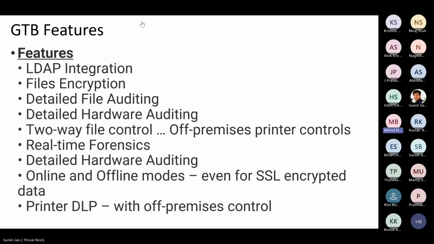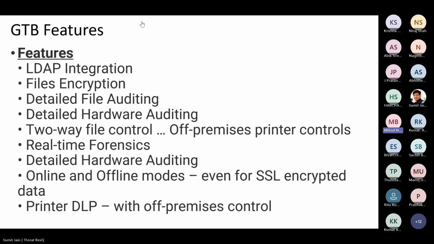Then of course you can also control the printing of sensitive data, like any data which you have defined as sensitive data. Sometimes what happens is, okay, a soft copy is not possible, then let us take a hard copy of it and take it outside in person. In that event, sensitive data can be prevented from getting printed on any of your printers, maybe on premise or off premise or online.